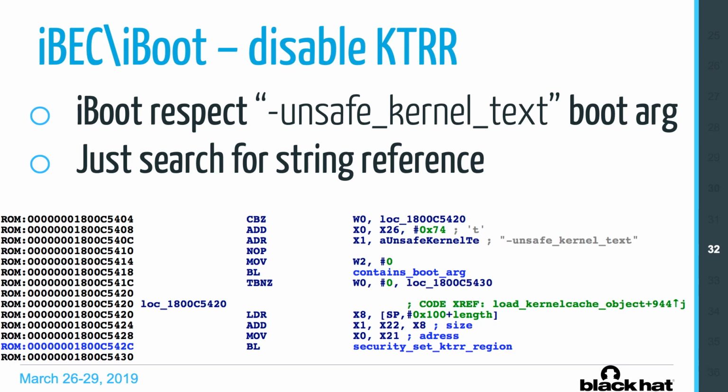In addition to this, the MMU is configured so that no code can be executed outside of the region. So that's a pretty nice mitigation to prevent jailbreaks. But again, if we control the bootloader, we can disable it.